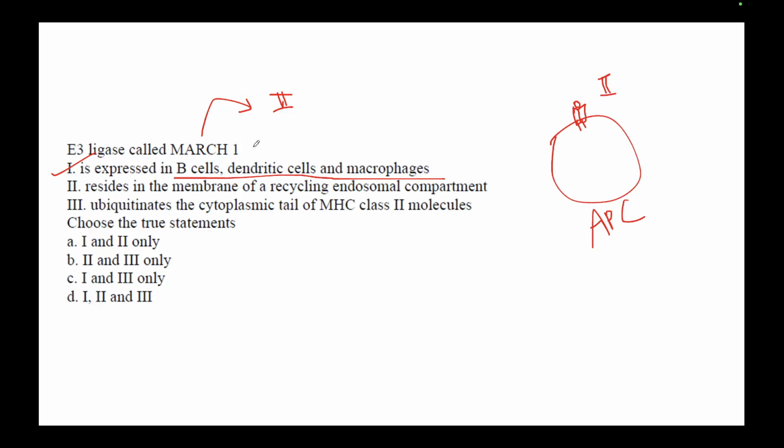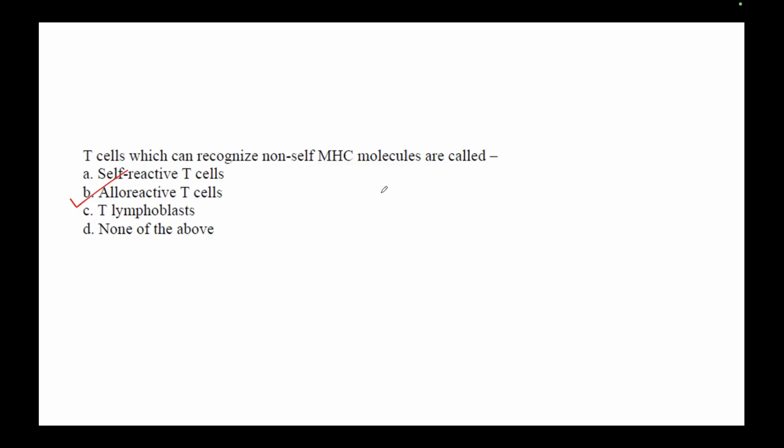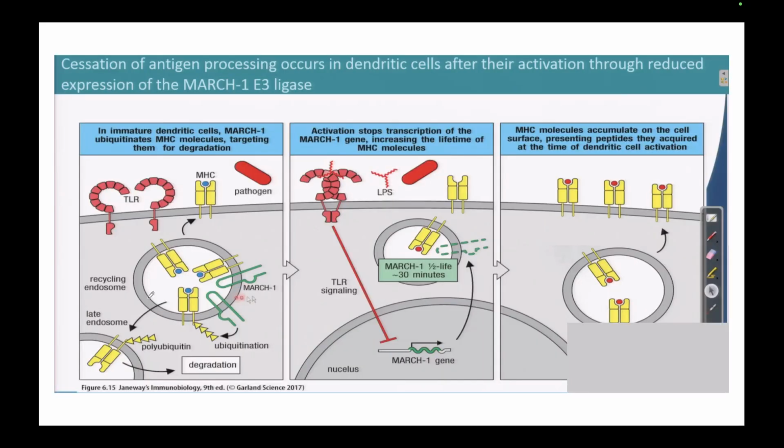This E3 ligase March1 resides in the membrane of the recycling endosomal compartment. This is also correct. It resides in the endosomal compartment shown here, the recycling endosomes where MHCs are present, and there March1 resides.